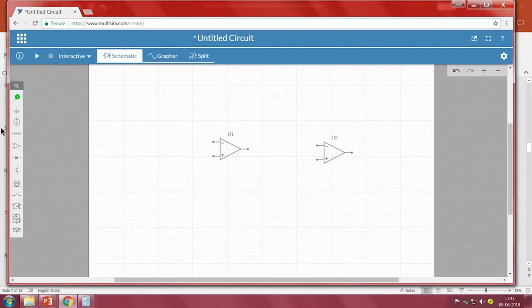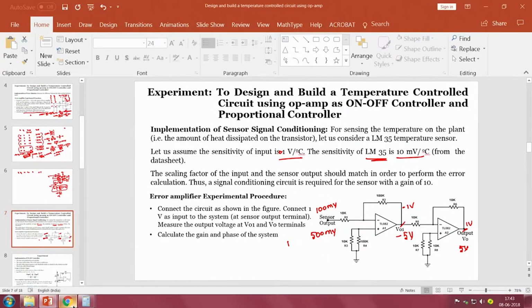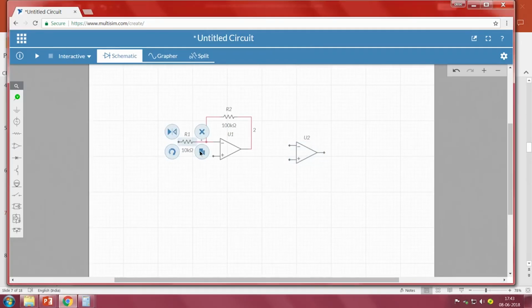Now we have one resistor, which we have considered as 10k, so let me change it to 10k. This one is 100k, which we have considered. Let me connect the wiring from here to here, and this resistance we have considered as 10k and 10k. So I will take a 10k resistor, connect one here, and one more 10k here.